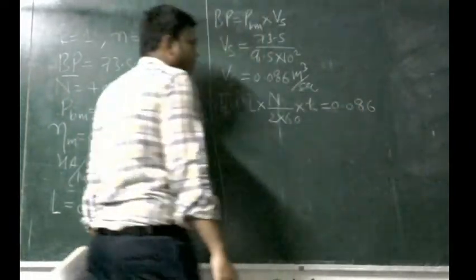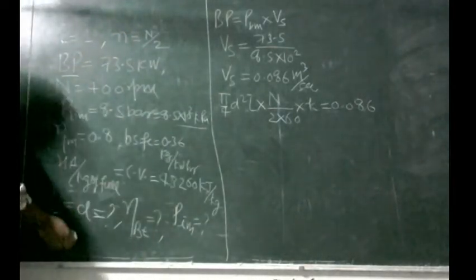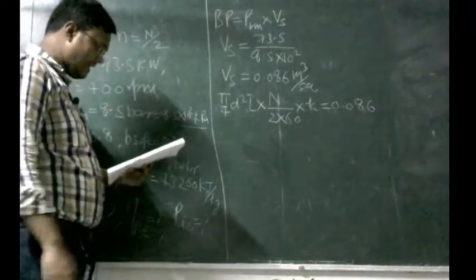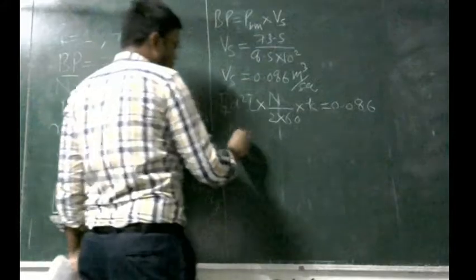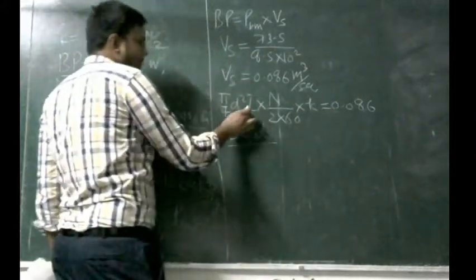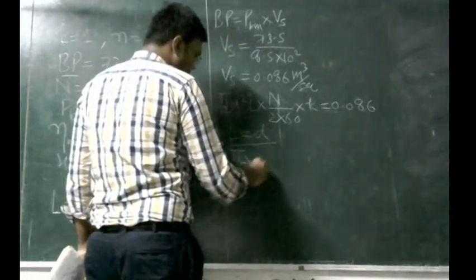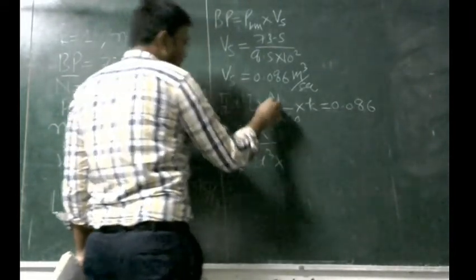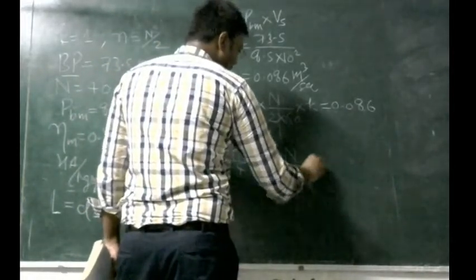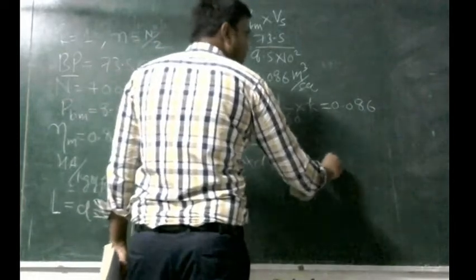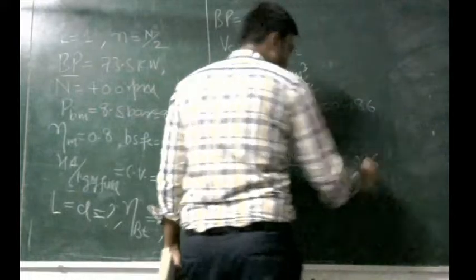It is given in the question that L is equal to D, so in place of L put D here. So we get pi by 4 D cube into N by 120 into K, where K is 1, equal to 0.086.